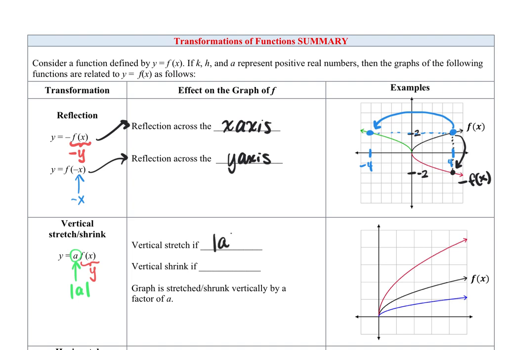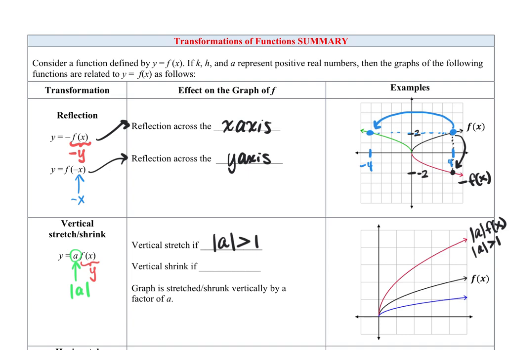So if the absolute value of a is greater than 1, that means my y values are being multiplied by a value greater than 1. That causes my y values to become larger, and that's my vertical stretch. So on my graph over here, if we have the absolute value of a multiplied out in front by our function, that'll cause that vertical stretch if the absolute value of a is a number greater than 1.